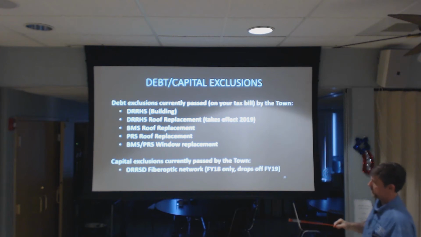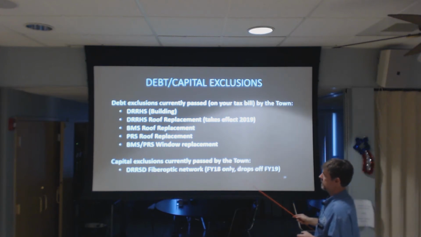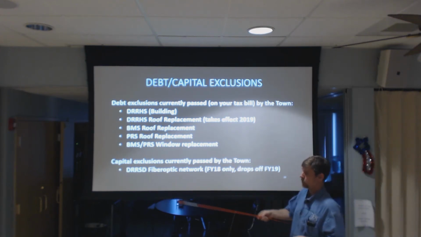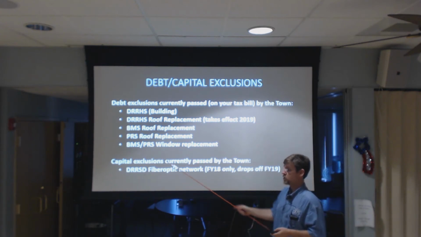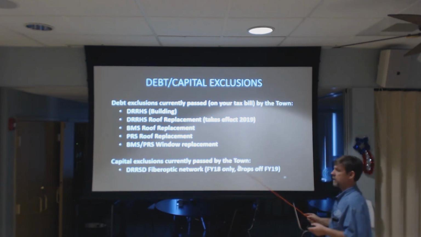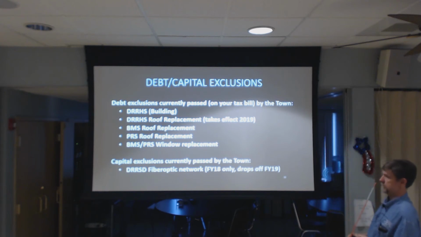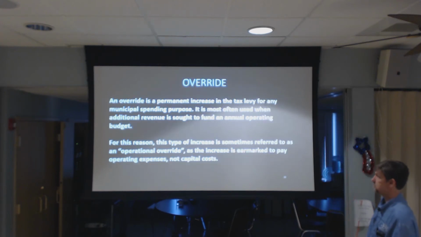And then in fiscal year 18, we also had money allocated as a capital exclusion for the school district's fiber optic network. That comes off your tax bill in fiscal year 19 because it was a capital exclusion.